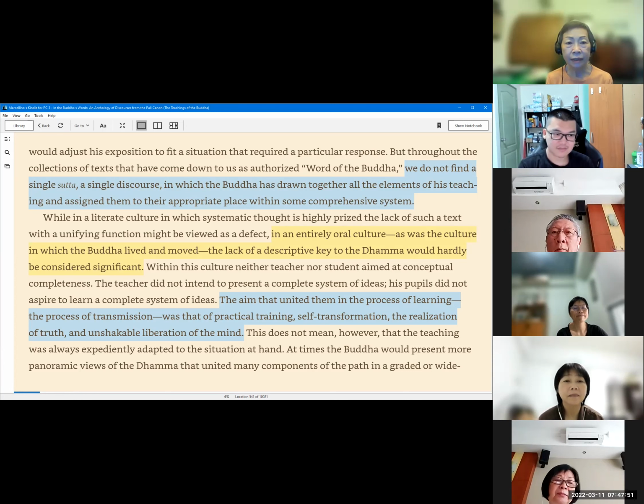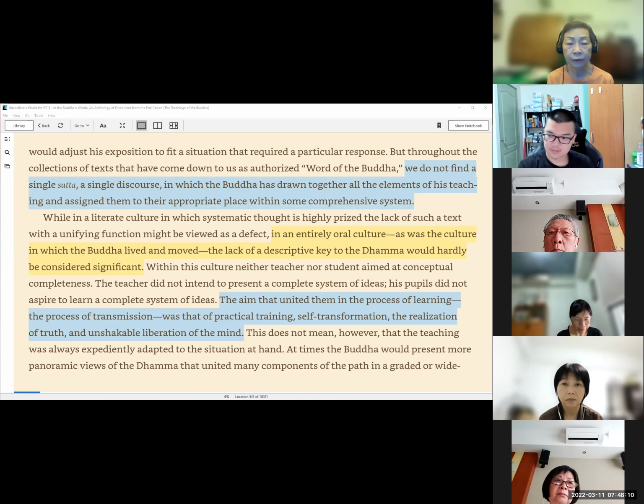While in a literate culture in which systematic thought is highly prized, the lack of such a text with unifying function might be viewed as a defect. In an entirely oral culture, as was the culture in which the Buddha lived and moved, the lack of a descriptive key to the Dhamma would hardly be considered significant. Within this culture, neither teacher nor student aimed at conceptual completeness.